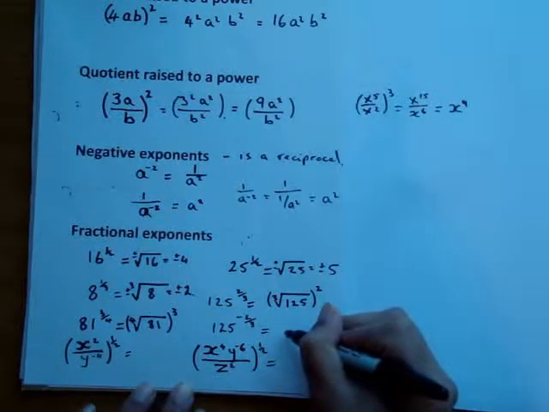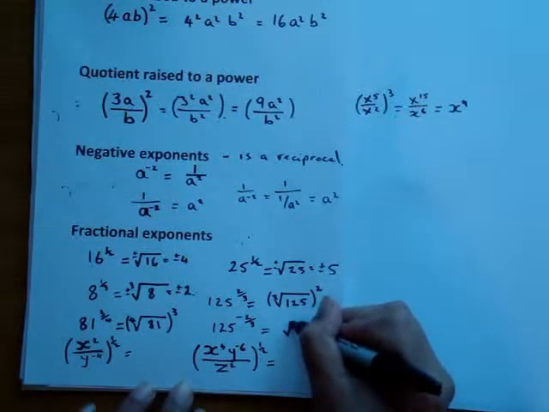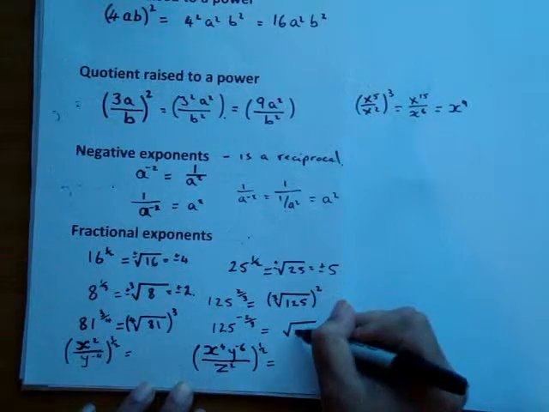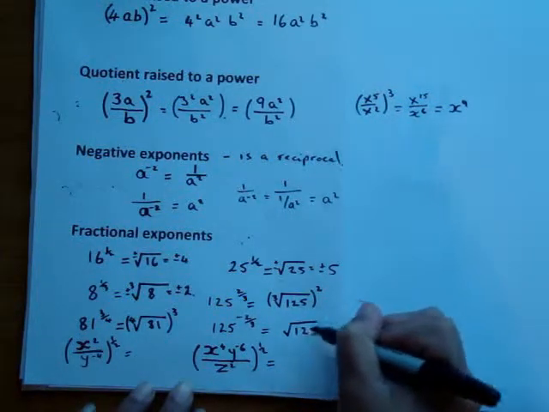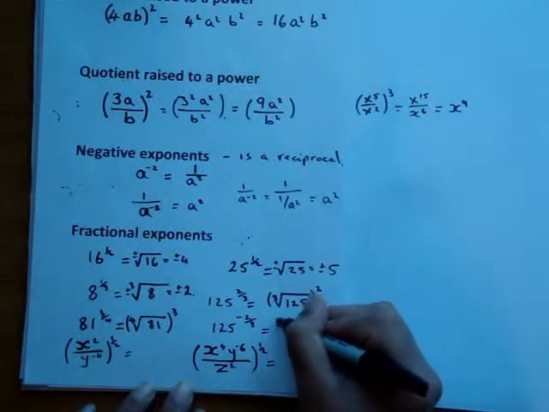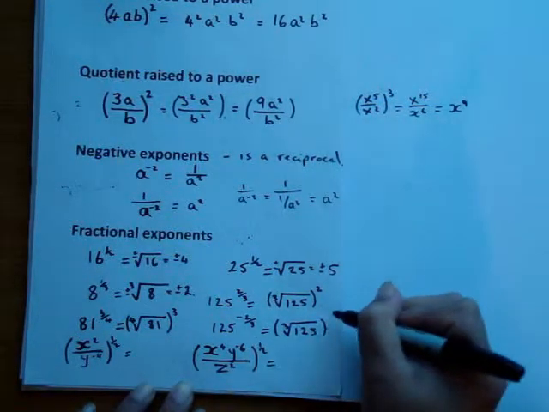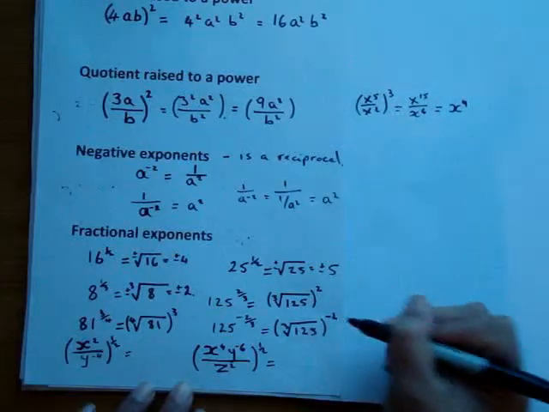So again, let's just take it as we did before. Draw a root symbol. 125, 3 outside, and then the minus 2.